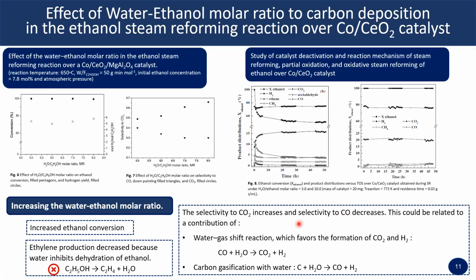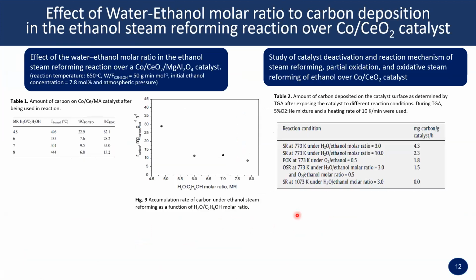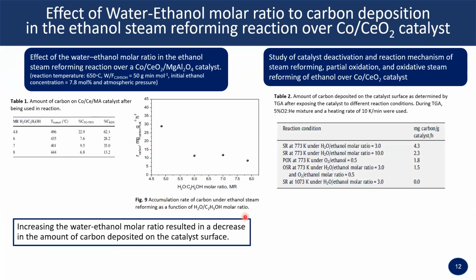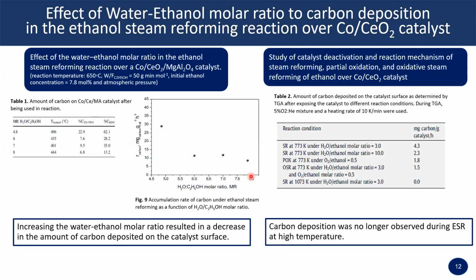This could be related to the contribution of the water gas shift reaction and carbon gasification with water. Table 1, table 2, and figure 9 indicate that increasing the water ethanol molar ratio results in a decrease in the amount of carbon deposit on the catalyst surface. Moreover, table 2 shows carbon deposition was no longer observed during ethanol steam reforming at high temperature.